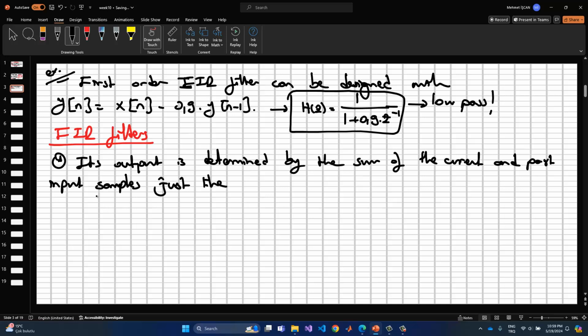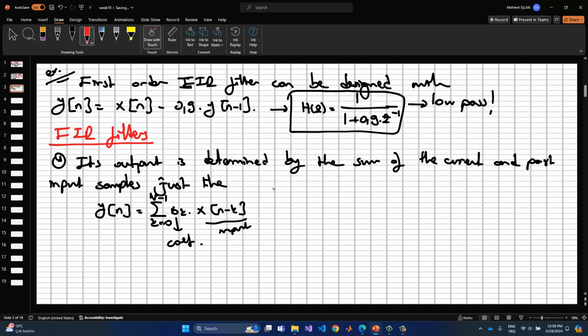We can write it as y[n] = sum from k = 0 to N-1 of b_k x[n-k]. This is the input, and these b_k are the filter coefficients, the feed forward coefficients.